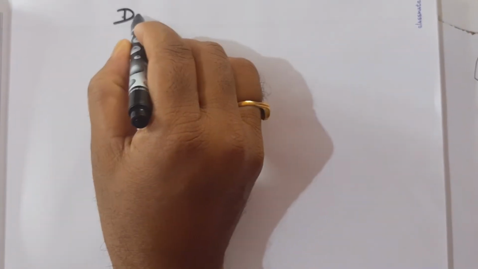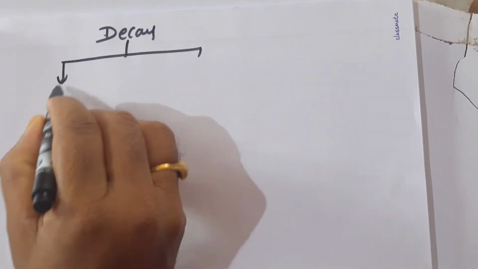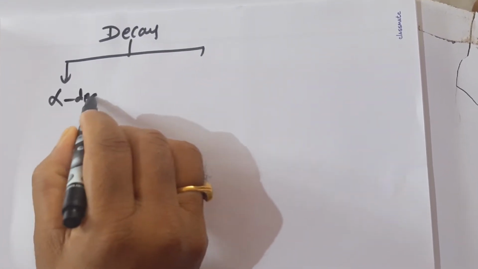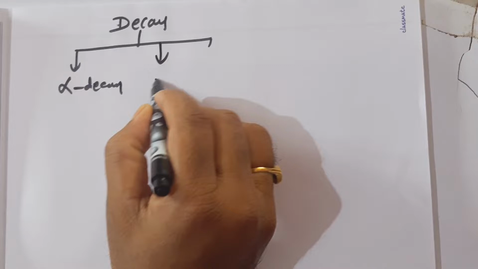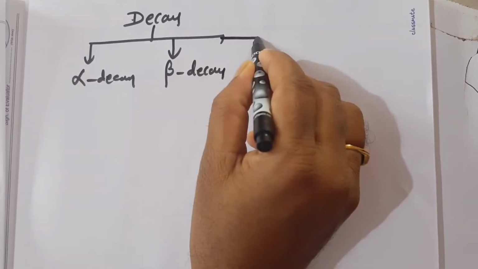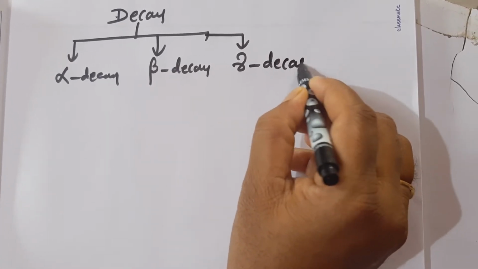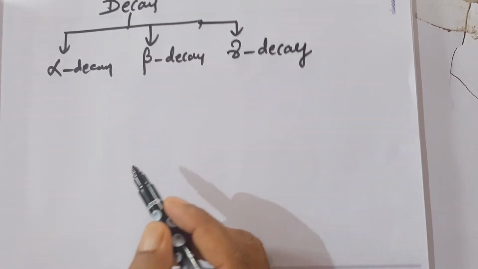First, let us see the alpha decay. Radioactive decay is of three types: one is alpha decay, the second one beta decay or beta disintegration, the third one is gamma decay or gamma disintegration.